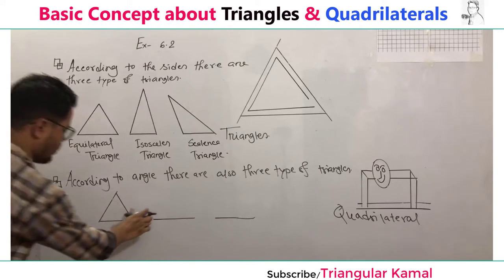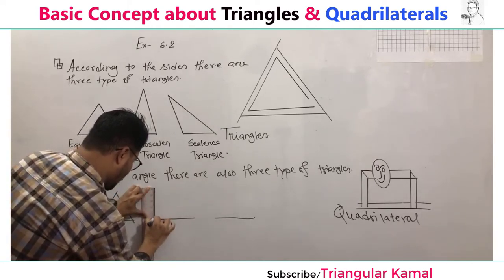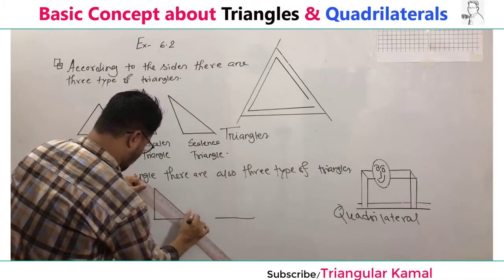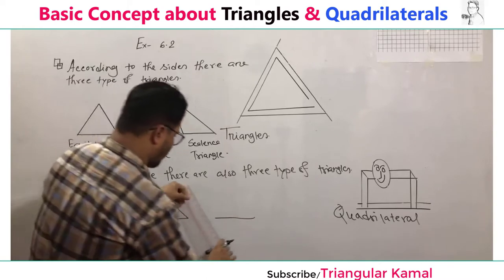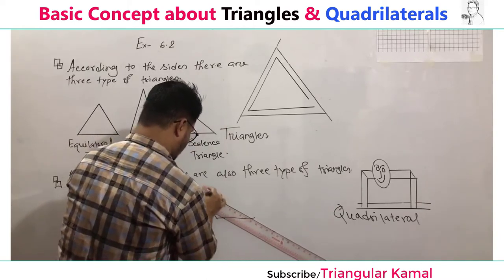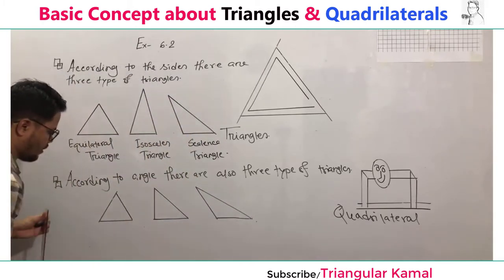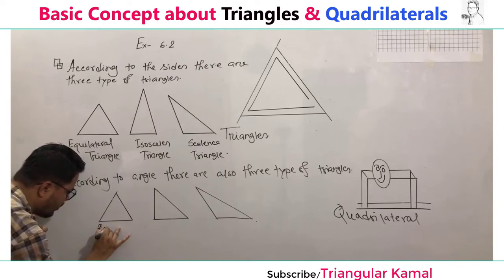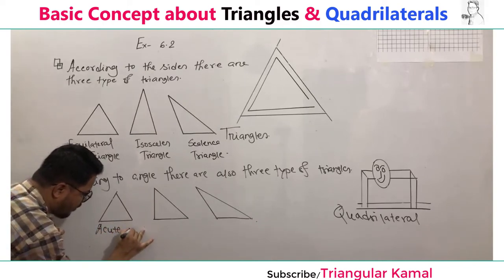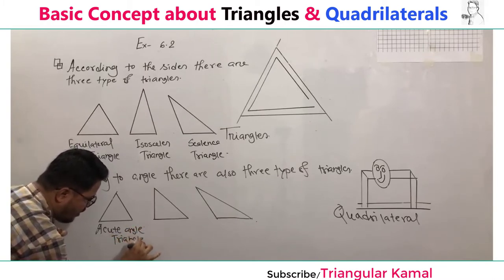And second one, right angle triangle, and the third one, obtuse angle triangle. So this one is acute angle triangle.